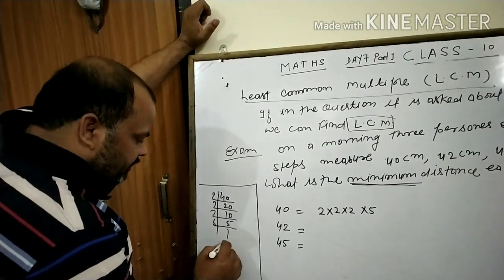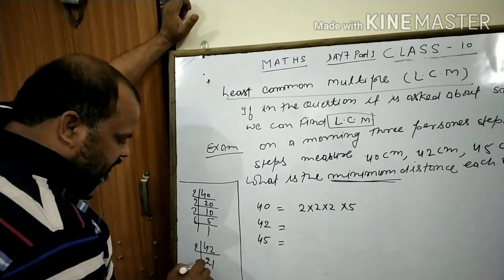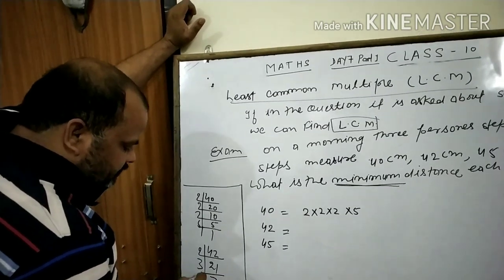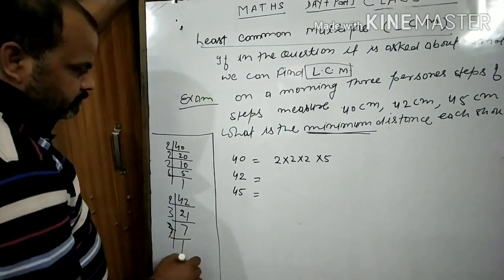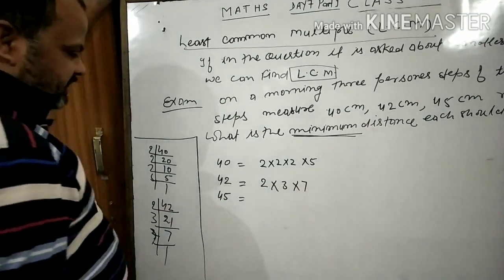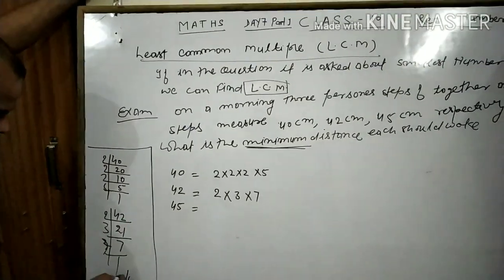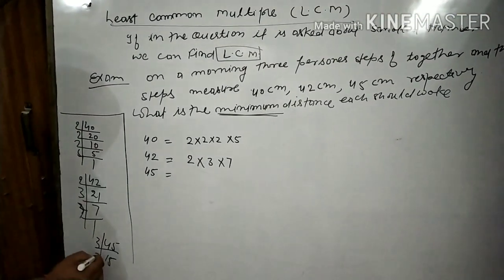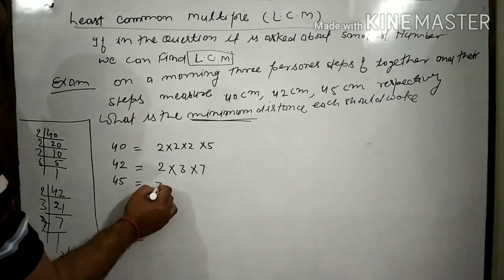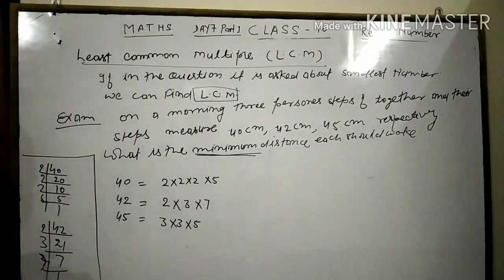In the same way 42 is 2 into 3 into 7, and 45 is 3 into 3 into 5. Clear?